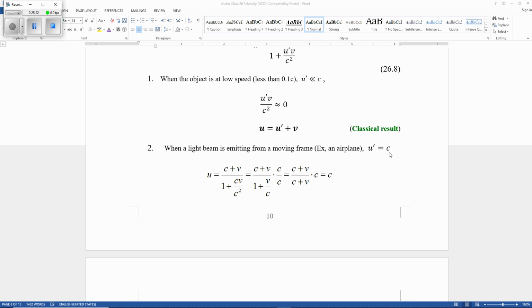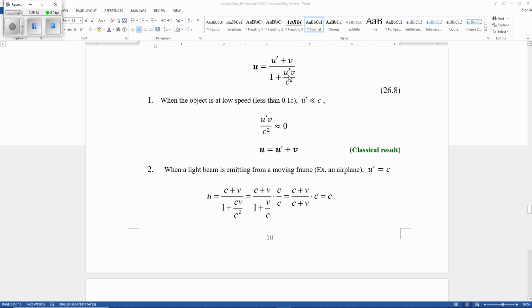Now let's see what happens using this equation. U prime equals c, so you plug in c and c squared.